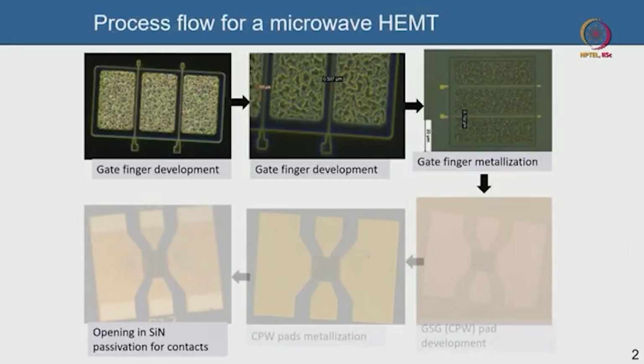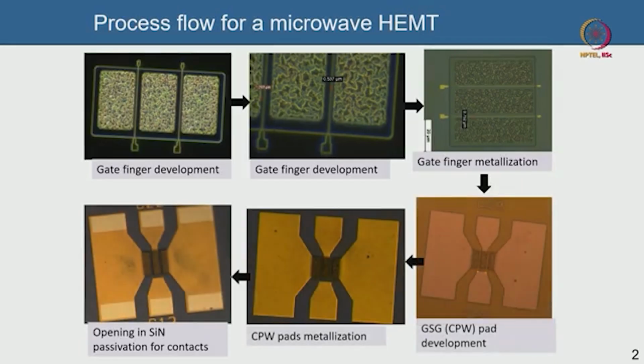If you look at these images, these are from our group's research at IISc. This last image that you see here is of a single RF transistor on wafer. It is on the semiconductor wafer, and this layout looks peculiar because you have a ground pad, and then this is a signal.